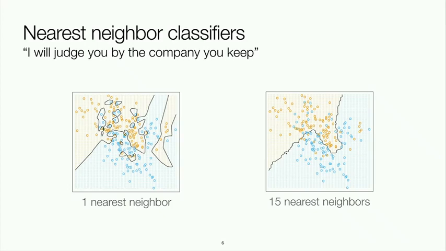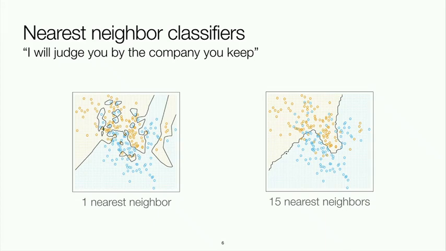So what that means is that for any point x1, x2 that I have, I try to figure out what are the 15 closest points to me. And this is a classification task, binary classification in particular. And so what we're going to do is look at the labels of those 15 closest points and then take a majority vote to figure out, should I predict blue or should I predict orange?